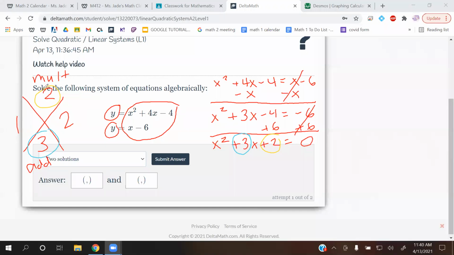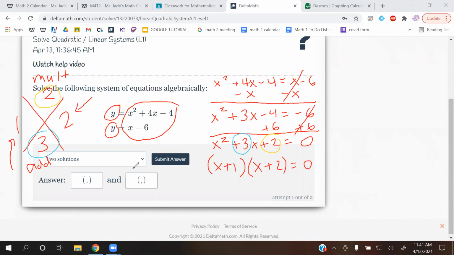All right, so now that we got our 2 numbers that multiply to 2 and add to 3, what do we do with them? Well, remember that this 1 is going to correspond with the x plus 1, and this 2 is x plus 2. So once again, this 1 is the x plus 1, and that 2 is the x plus 2.